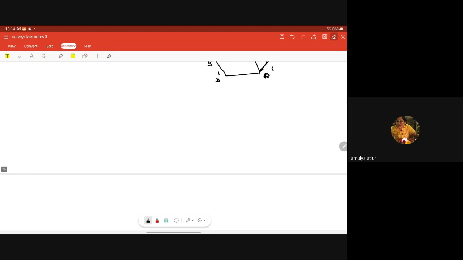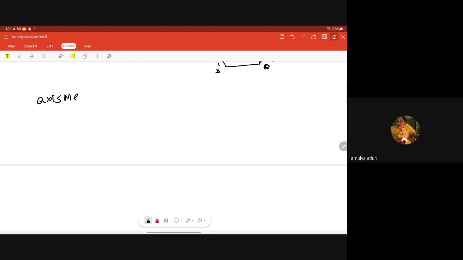Next is axis method. It is adopted when angles are measured very accurately and the corrections are to be applied only along the lines. Then we consider axis method.